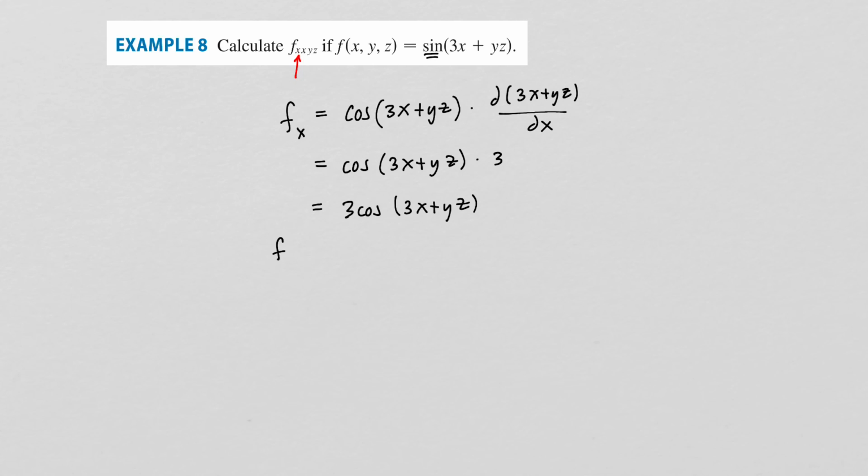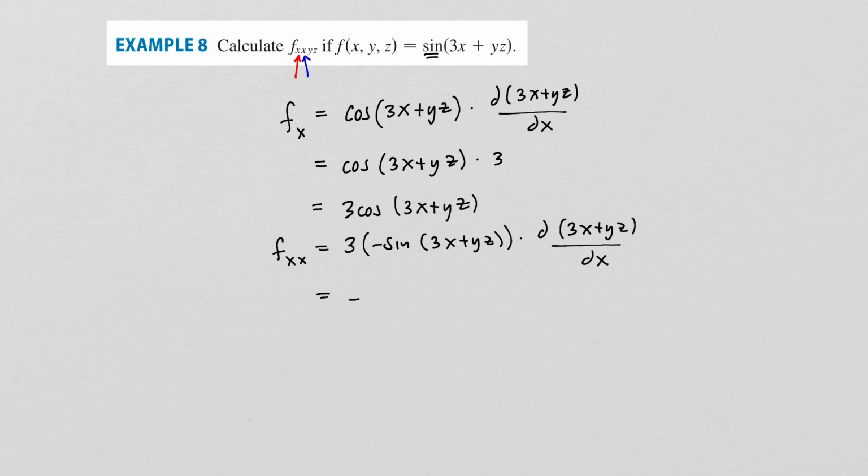Now we need to do the derivative of that with respect to x again. So this will be fxx. 3 is a constant. What is the derivative of cosine of anything? Well, we know it is negative sine of that same thing. And then we have to multiply by the derivative of that thing with respect to x again.